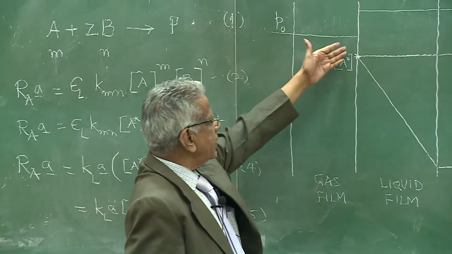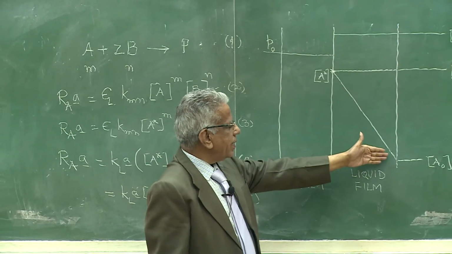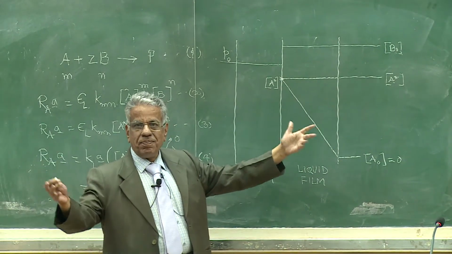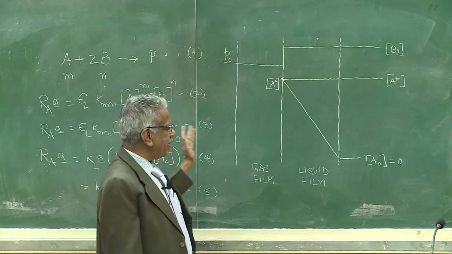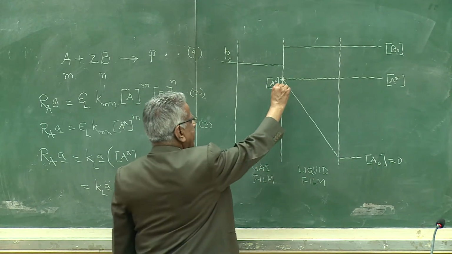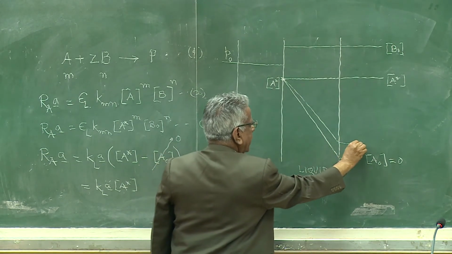So, this is entirely mass transfer controlled, and if we increase the agitation in the equipment and try to increase the mass transfer coefficient, then the rate of dissolution becomes higher and higher, and there is a positive value of A naught.